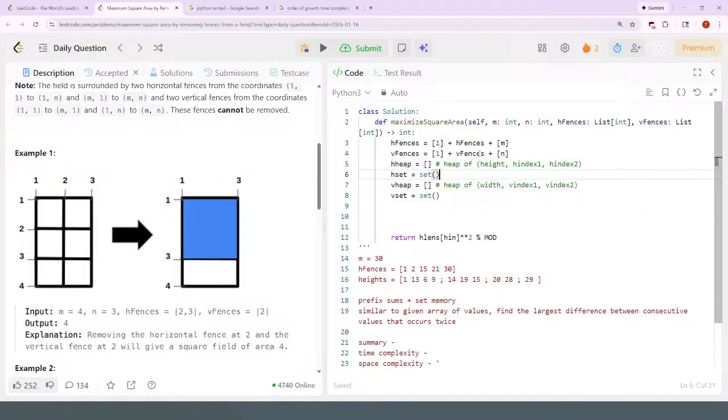All right, my H heap should actually start with the tuple that is, I guess, 1 to M, so the height would be M minus 1. Index would be 0. The other index would be the length of H fences minus 1.